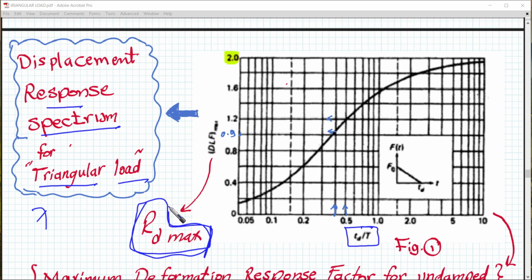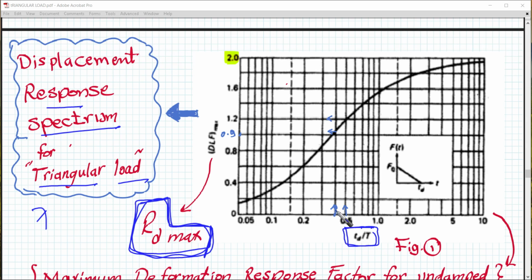Instead of providing it in tables, we put it into a graph. This graph gives us the relation between rd maximum and td over t.